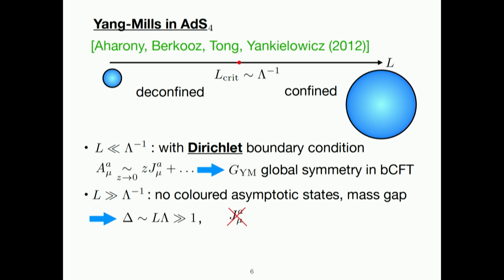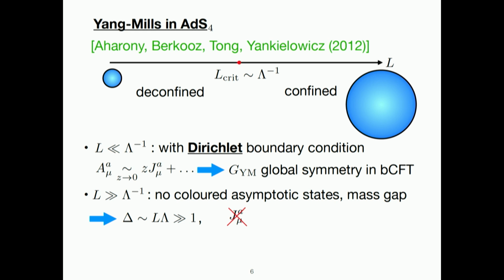Or equivalently, since a mass gap should develop, all the dimensions of the boundary operators should become parametrically large in this limit in which we send L to infinity. And a current has a protected dimension, which is 2 in this case of 3 dimensions, so it can certainly not give rise to a gapped spectrum. So for all these reasons, we expect that the current should disappear.